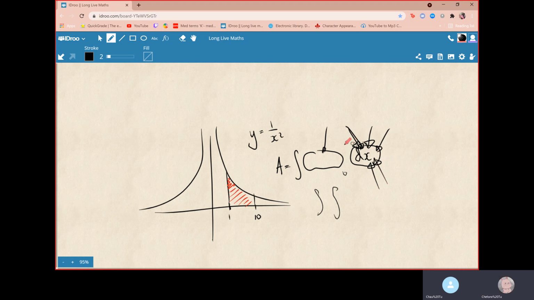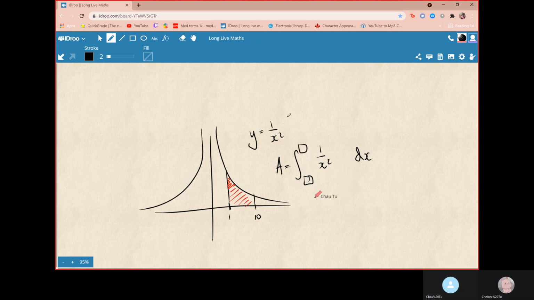Oh, I forgot about that. And then that'll be 1 over x squared. And then what goes in here and what goes in here? 1 to 10. So now what do you do, Chelsea?